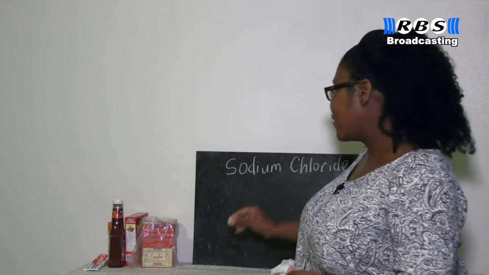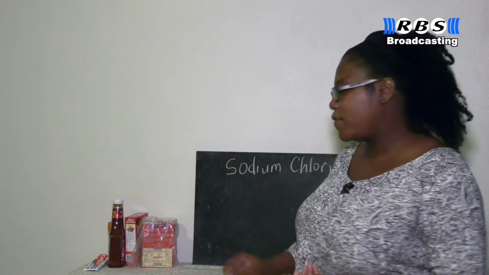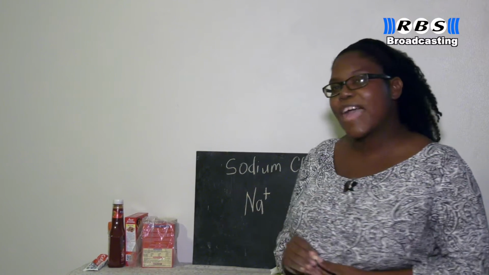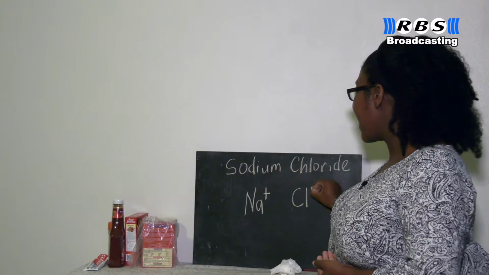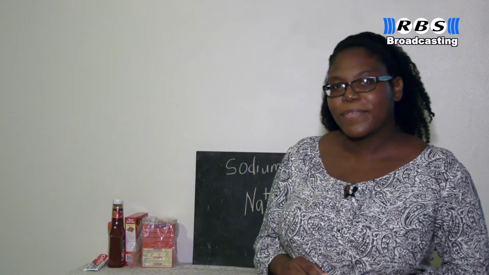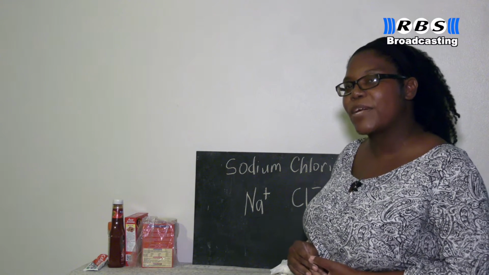Remember tip number 1, write the cation first. So, sodium chloride is made up of the sodium cation, and we write that first, and the chloride ion, Cl-. Always place the positively charged ion first.